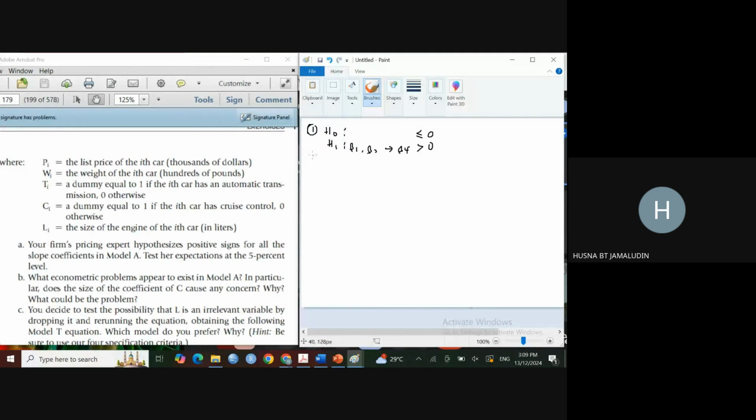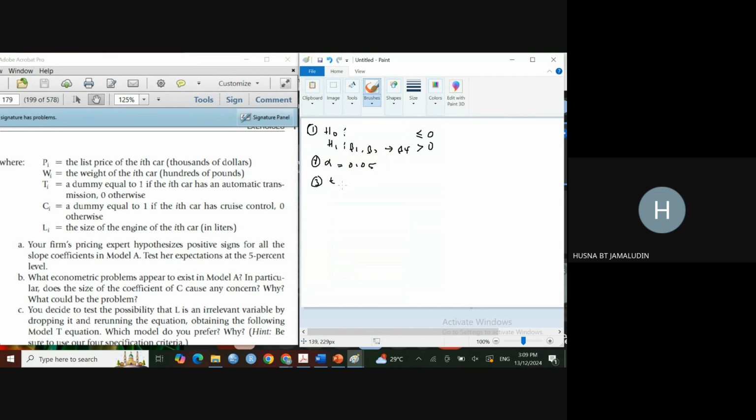Then step 2, you use your alpha equals 0.05. Step 3, you have to find your test statistic. In this case, you will be using the t statistic.